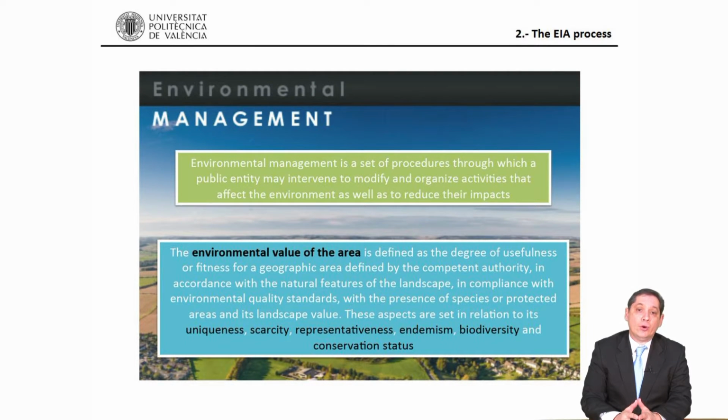The environmental value of a certain area can be defined as the degree of usefulness or fitness of a geographic area defined by the competent authority in accordance with the natural features of the landscape, in compliance with environmental quality standards, with the presence of species or protected areas, and its landscape values. These aspects are set in relation to its uniqueness, scarcity, representativeness, endemisms, biodiversity, and conservation status.